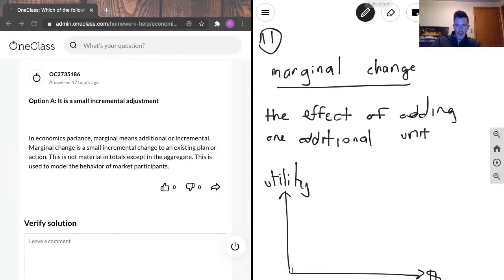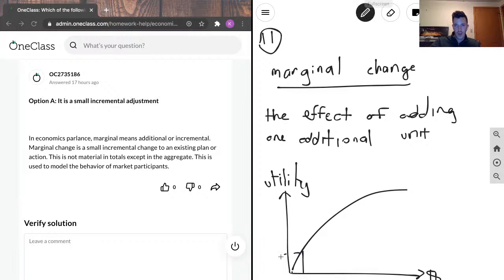So the marginal effect of money on happiness, we know that there is diminishing marginal returns to the effect of money on happiness. So if you don't have any money here and you're given like $1,000, that's going to make a pretty big difference to you.